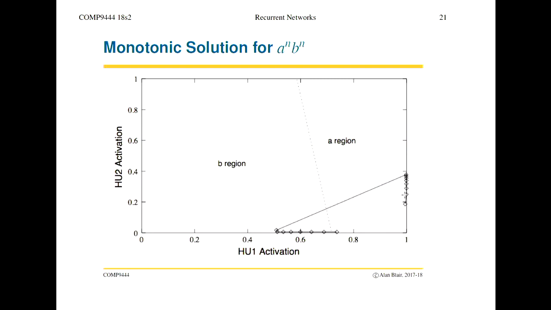As it's processing the A's, it doesn't oscillate, but it just moves in one direction towards a fixed point, and then afterwards the B's move in one direction. But these monotonic solutions couldn't process strings that were longer than the oscillating solutions could, because the oscillating ones had more space to move around in.